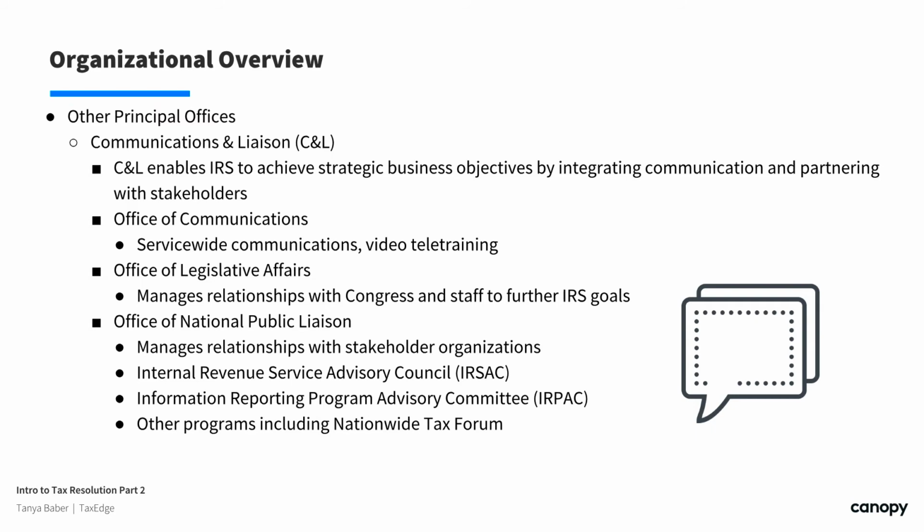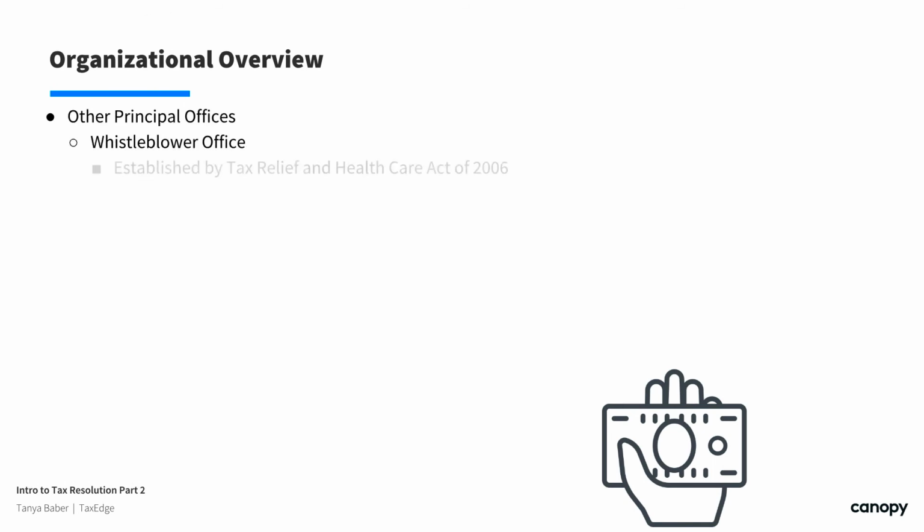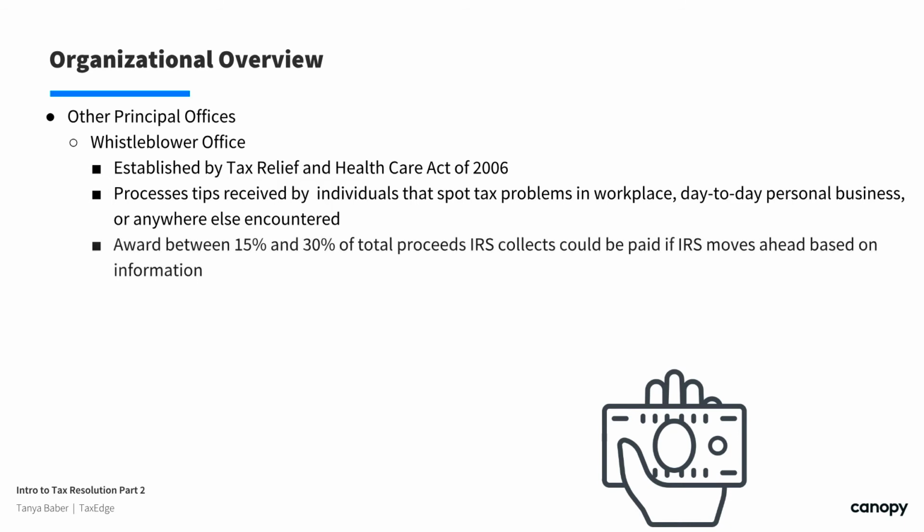That's their duties. There's also something called the Whistleblower Office. That was established by the Tax Relief and Healthcare Act of 2006. What this office does is process tips received from individuals who spot tax problems, maybe in their workplace or just their day-to-day business or wherever they encounter it, and they give an award worth between 15 and 30% of the proceeds the IRS collects if they go ahead and move on that information.